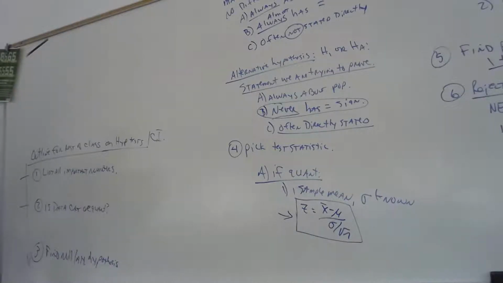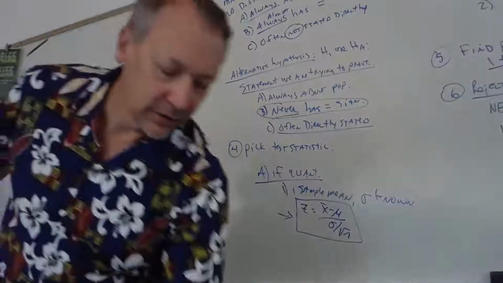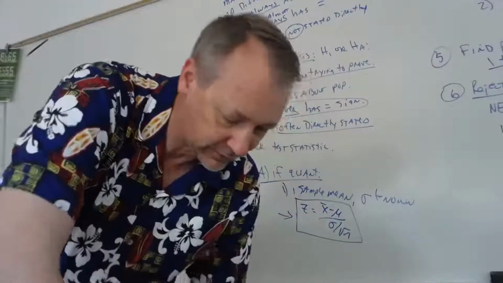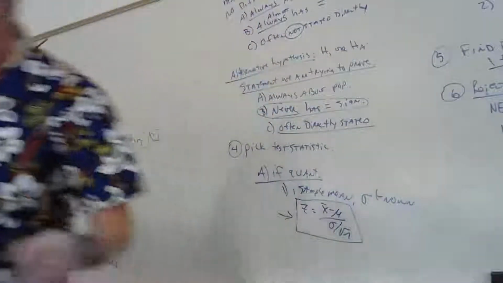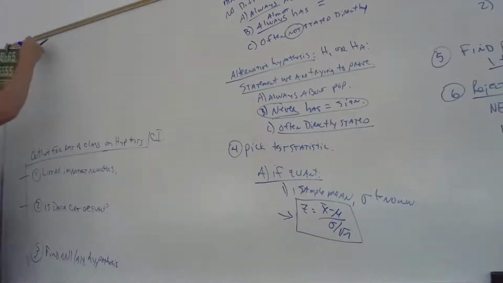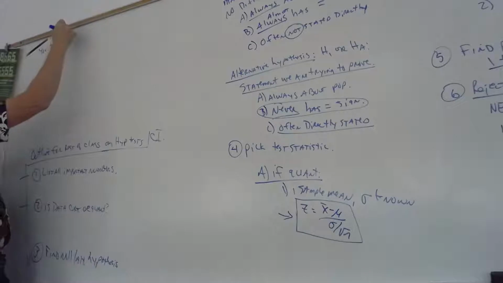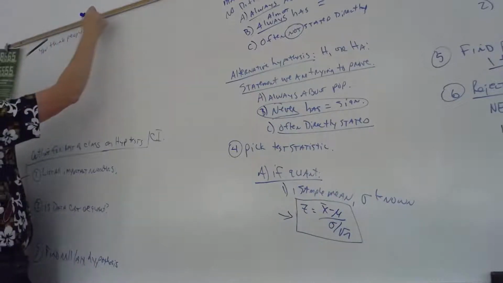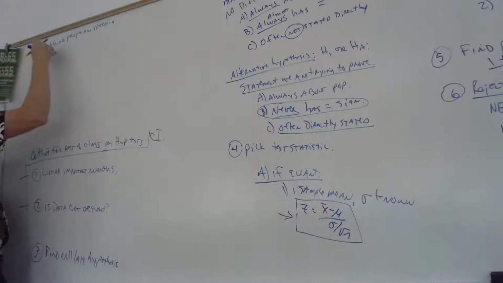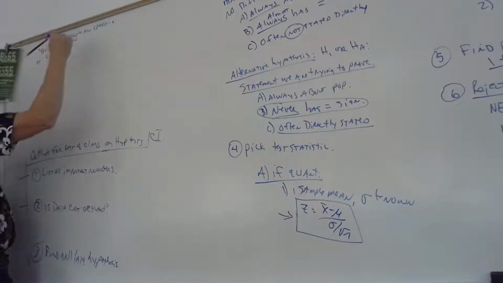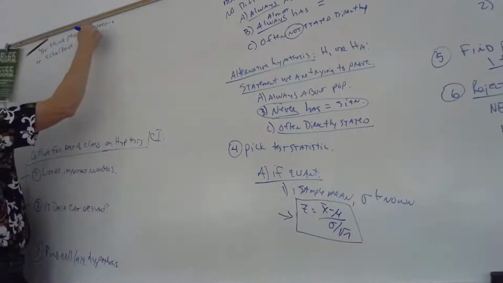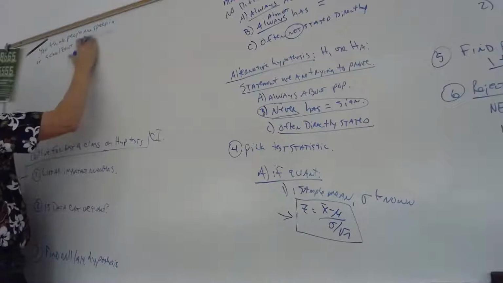Let's say that you think people are speeding in a school zone. The local police, school zone 25 miles per hour.